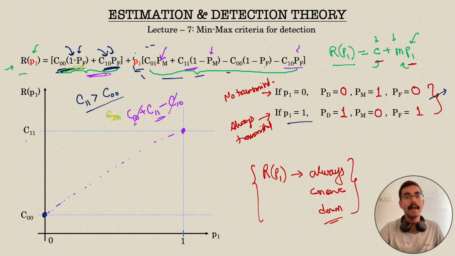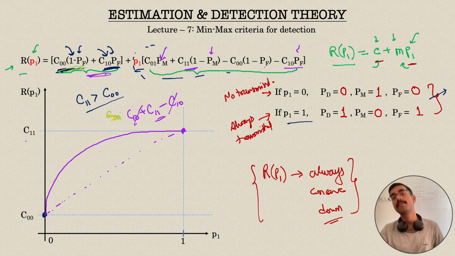And the curve we would be having would be somewhat like this. It would always be a concave down curve in all the cases. To just show that it would always be concave down, you can make a proof by the method of contradiction.